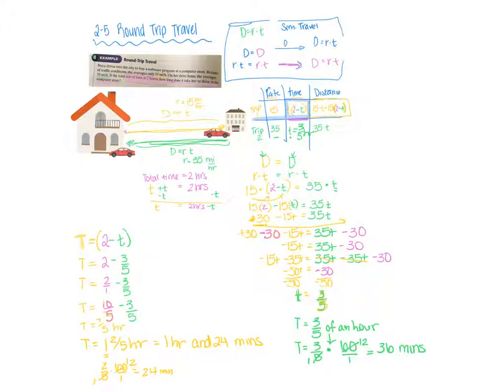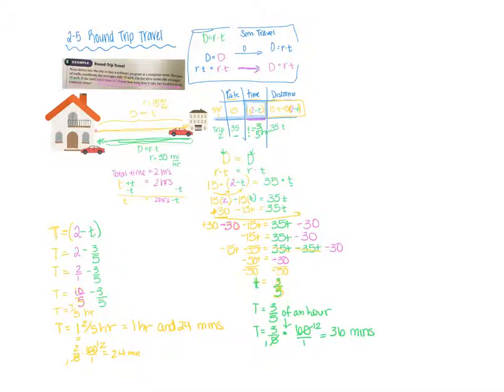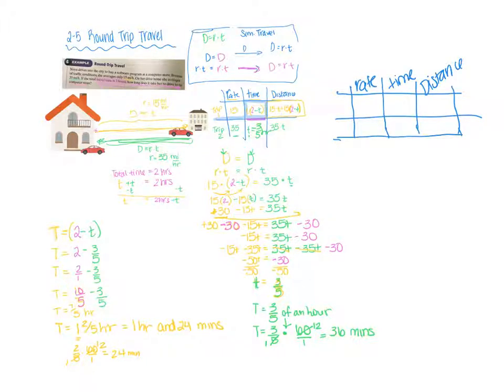It's a huge difference. So now let's come over here and let's summarize what we've just done. Let's write a new table. We have rate, time, and distance, and that's for trip 1 and for trip 2. Now let's plug in what we learned so far, just to kind of summarize and make sure we found everything.